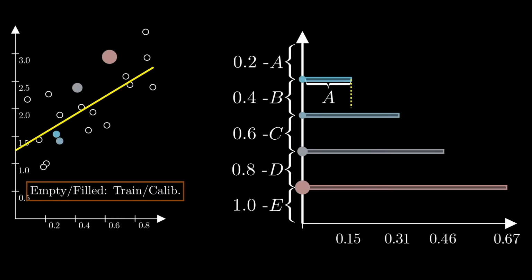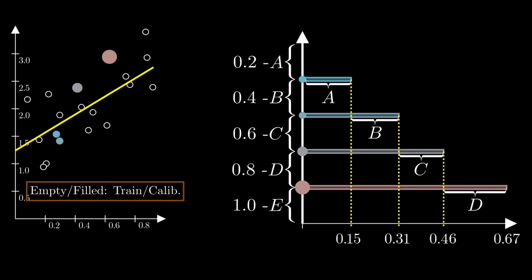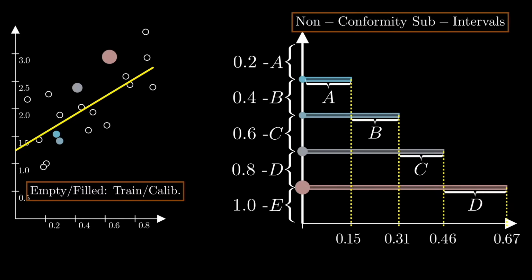Each of these ranking subintervals corresponds to a subinterval in the horizontal axis. In other words, a range of non-conformities. Let's call them non-conformity subintervals. For example, ranking subinterval A corresponds to non-conformities between 0 and 0.15.